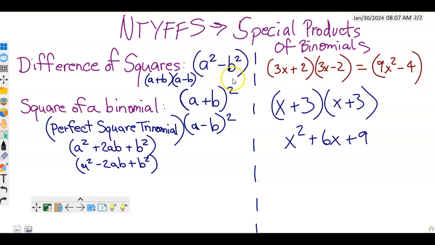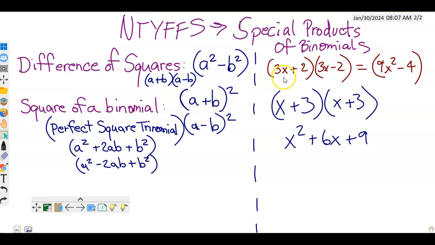When we learn how to factor, which is break apart a sum into a product, if you see this, you should be able to recognize that, oh, I know how I'm going to break this apart. I'm going to break this into a plus b times a minus b.